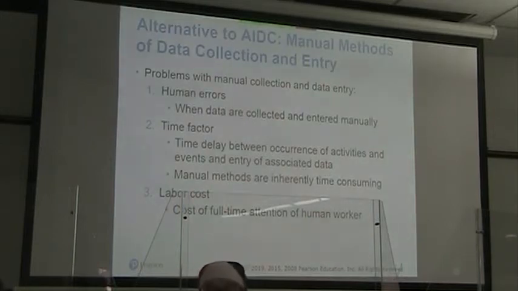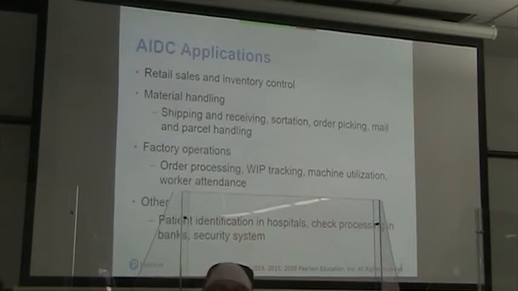And then we have the problem of the labor cost. There is a cost anytime human beings have to attend to something instead of it being done automatically. So anytime we can reduce cost, of course, we want to do that.